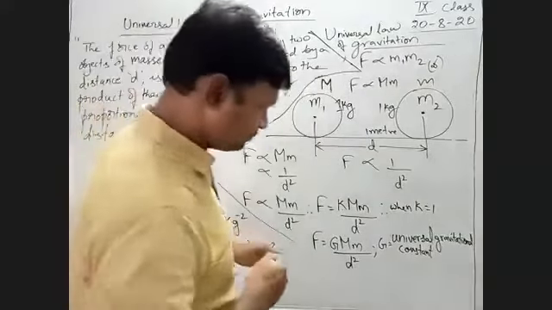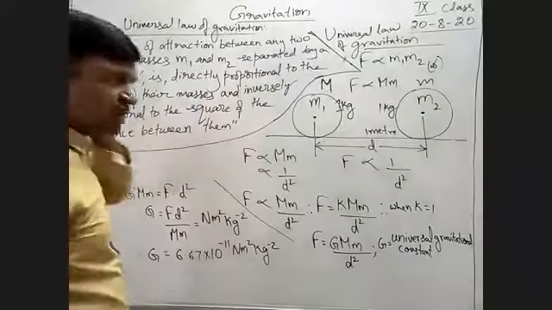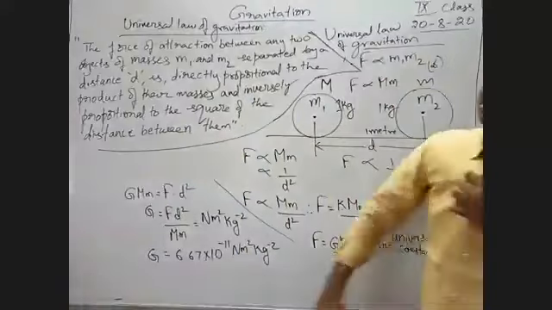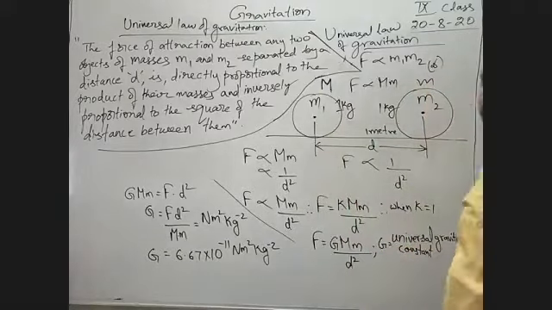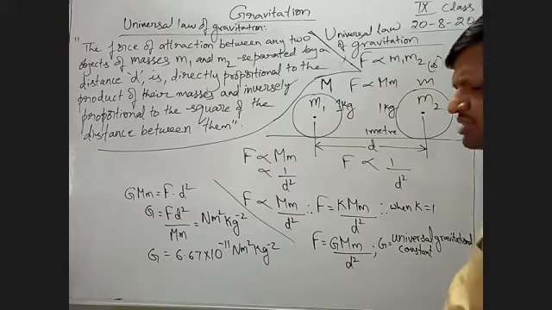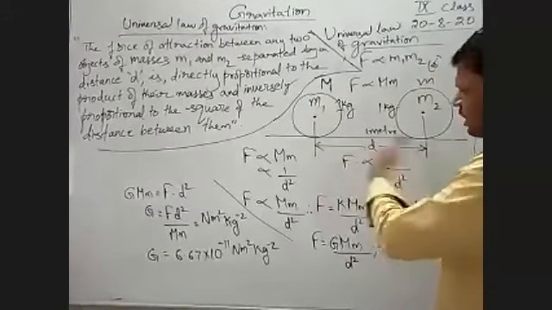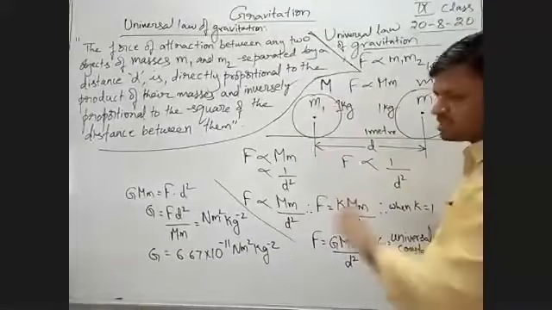So this is the statement form of universal law of gravitation, but concept wise it is easy. So what is the concept? What you have to understand is here, if two objects are of the same mass or different, whatever the masses may be, say m1 and m2, and they are at a particular distance, say 1 meter, and the mass is 1 kg.